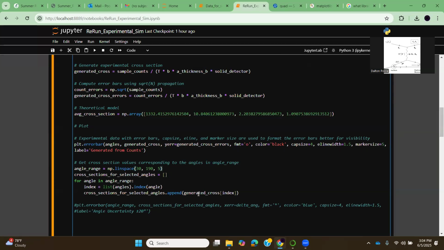Basically what this linspace function is doing is it's saying, okay, we're going to range from 30 to 190 and we're going to put out five values. So it divides that range into five. That's why I was playing around with what number to use, because I want it to cut equally and I also want it to cut into the centroids that I want.